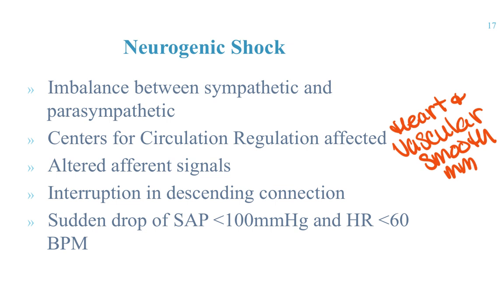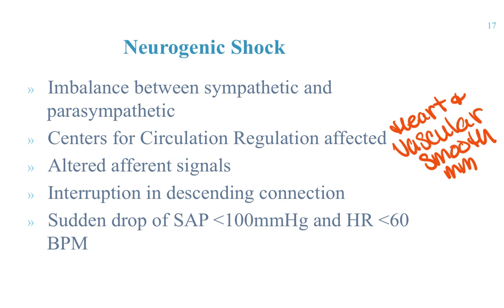So the signals are affected arriving to the brain. And then we have an interruption in the descending connection. And we'll go through this on an image in the next slide as well to kind of reapply this information.